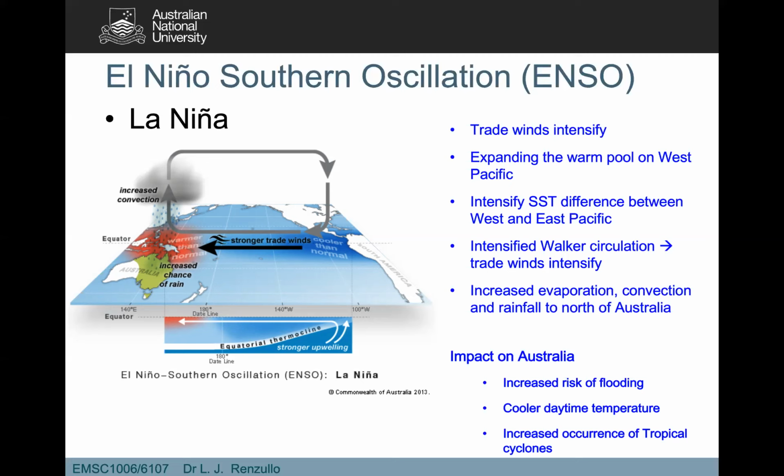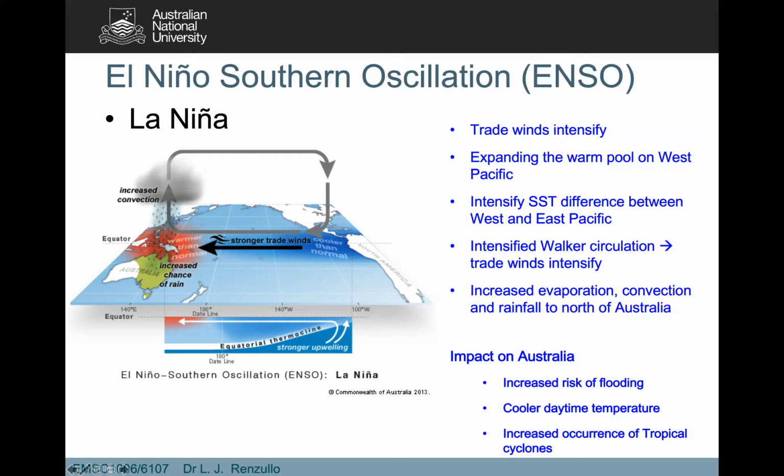Those warmer than normal waters in the tropics lead to increased evaporation and therefore increased precipitation through convection. That circulation pattern is intensified when the cooler air descends. The pressure variation across the Pacific is a lot stronger. Therefore, the trade winds are stronger.